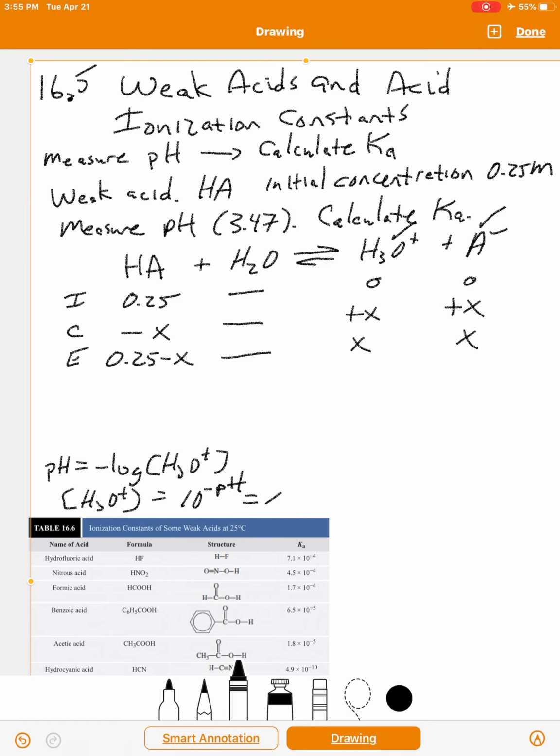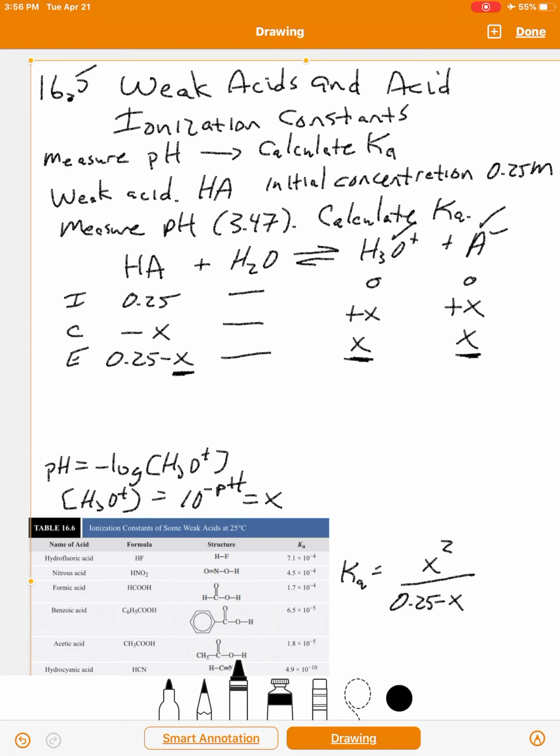So that's equal to X. But not only does that give us hydronium X, it also gives us the conjugate base X. It gives us both of those, and it gives us the amount of the weak acid that actually ionized. So we can now find the equilibrium concentrations of everything, plug them into the expression Ka is X times X, or X squared, over 0.25 minus X. So we just have to find X.